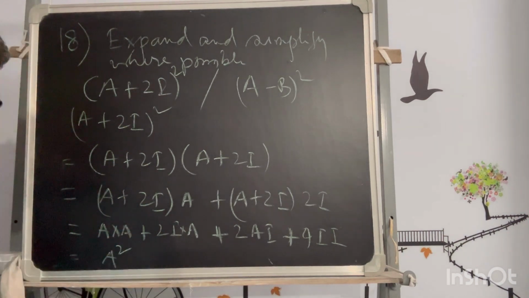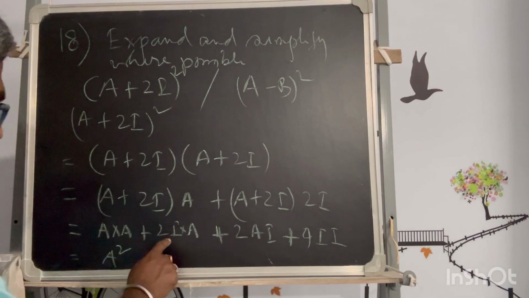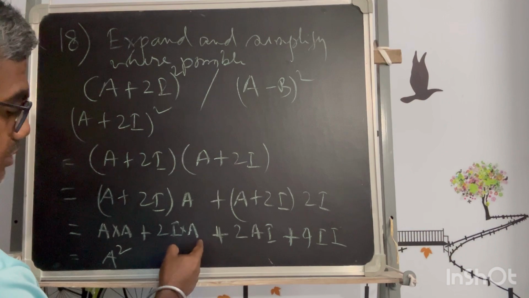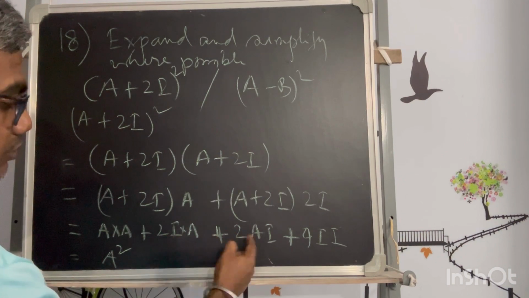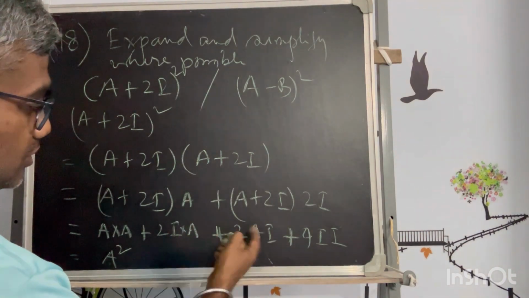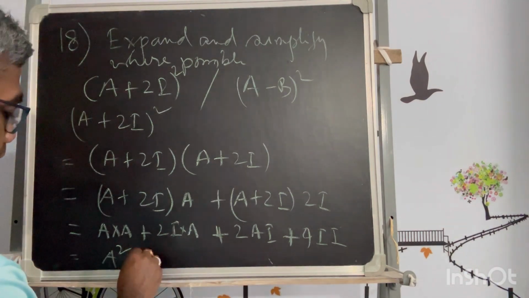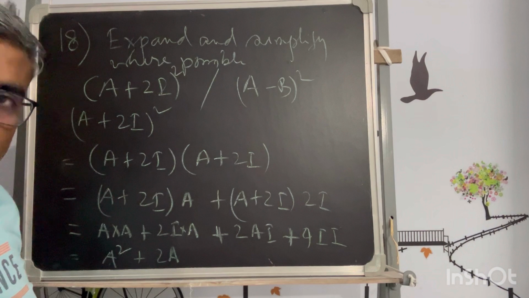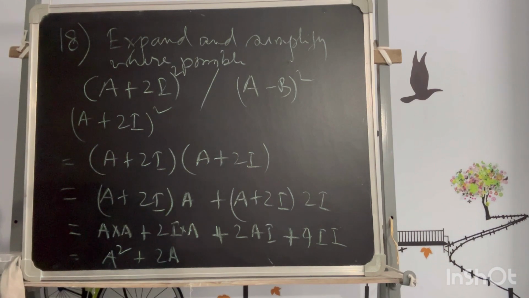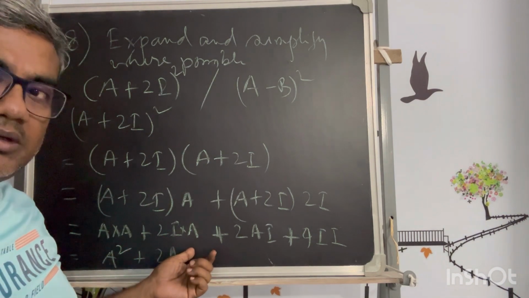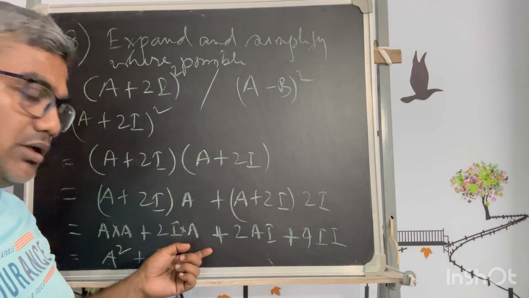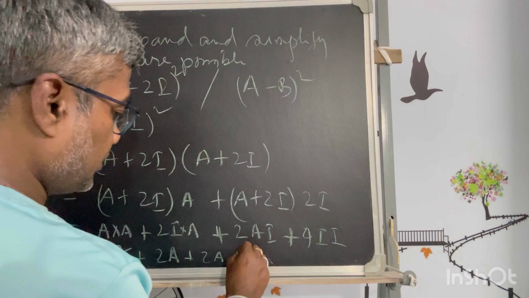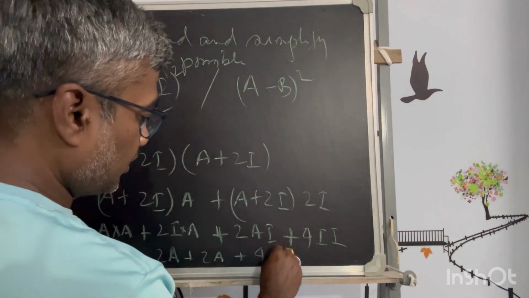Either you multiply the identity matrix with another matrix in any orientation, keeping I first or I last, you will always get the same matrix as the result, because I will not deviate the value of the matrix in any way.